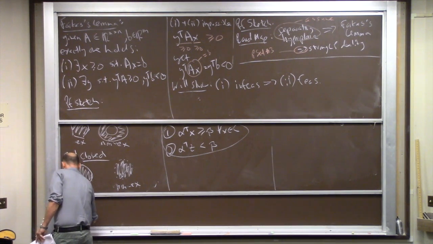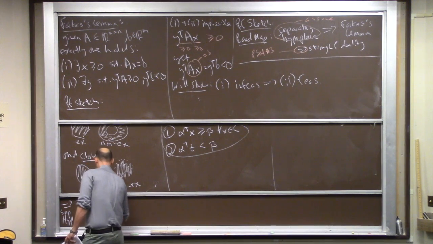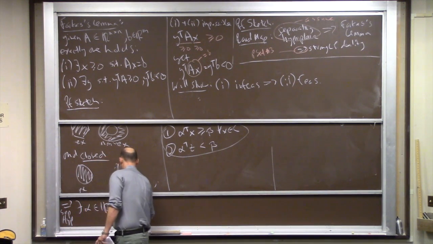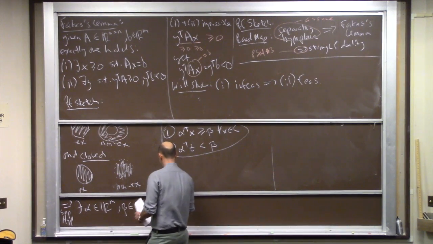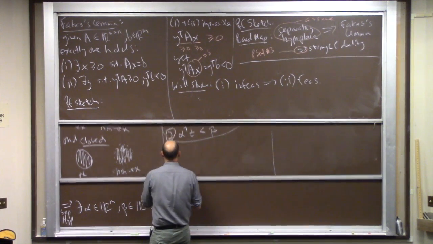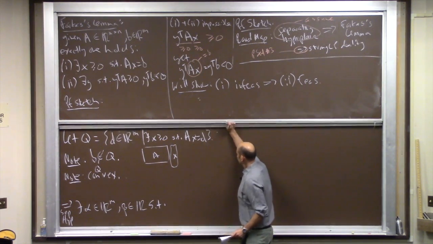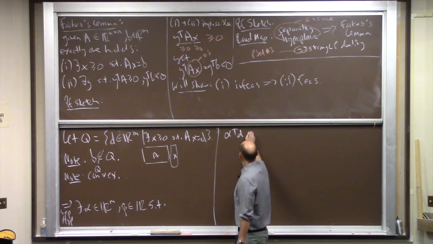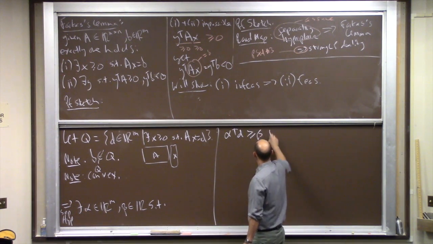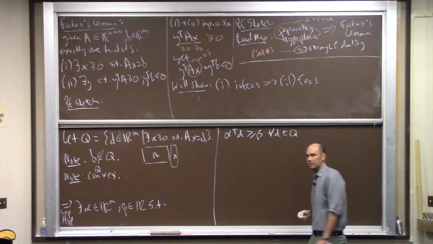So by the separating hyperplane theorem, there exists alpha in R^m, beta in R, such that alpha transpose D is at least beta for all D in Q. So for all feasible right-hand sides, alpha transpose D is at least beta.